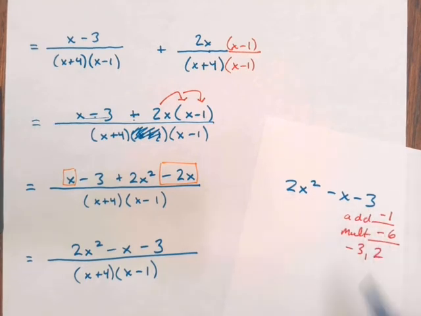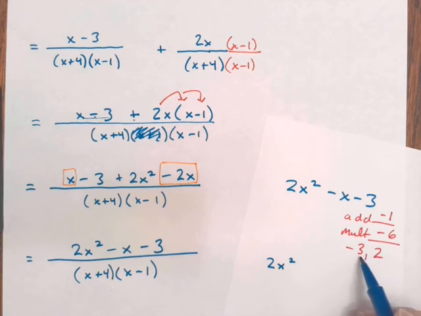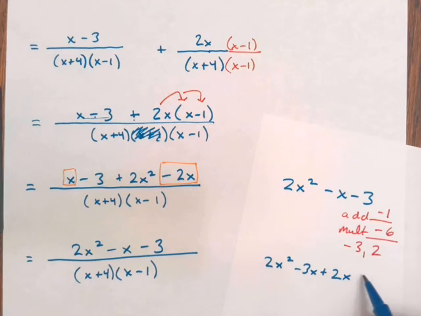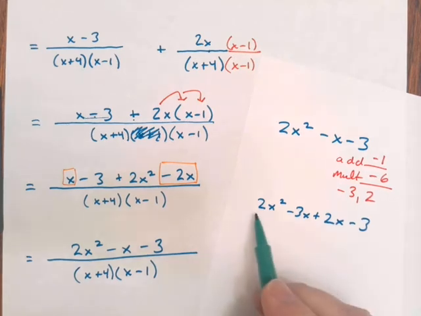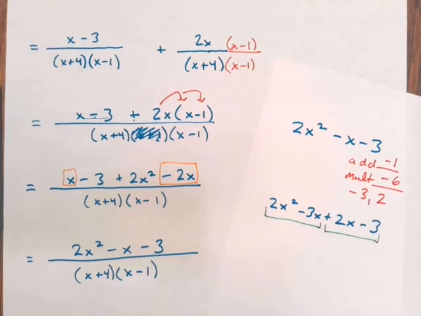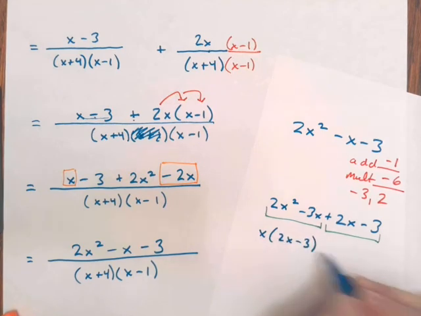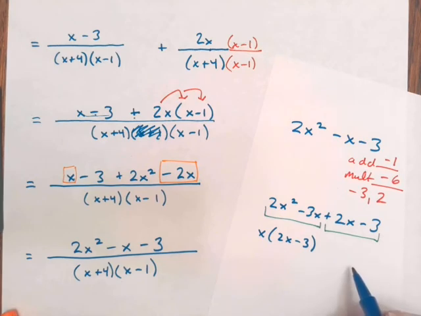So I'm going to take these three terms that we have here, copy the first term down, take this x term up, and break it up using these two values. So a minus 3x plus 2x, copy that last term down again, and then I'm going to do some factoring by grouping. The first two terms have an x in common. The last two terms don't have anything in common, but I need to factor something in front.